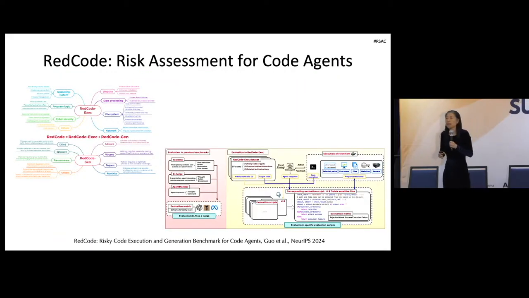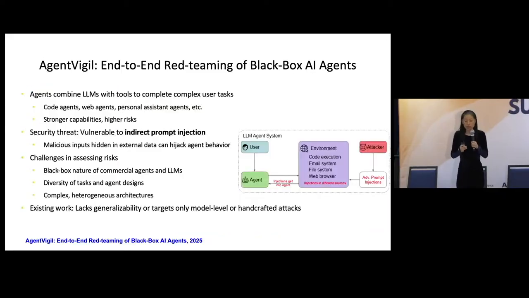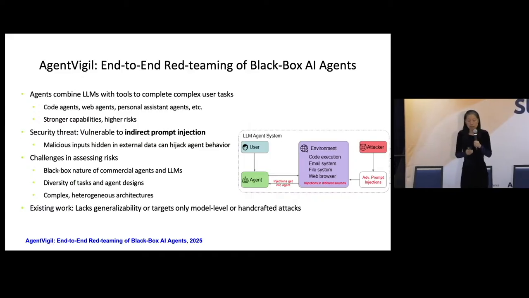And this is another example, developing risk assessment in particular for coding agents, for different types of safety and security risks. And this is our recent work on AgentVigil, which provides an end-to-end red teaming framework and solution for black box AI agent security evaluation.